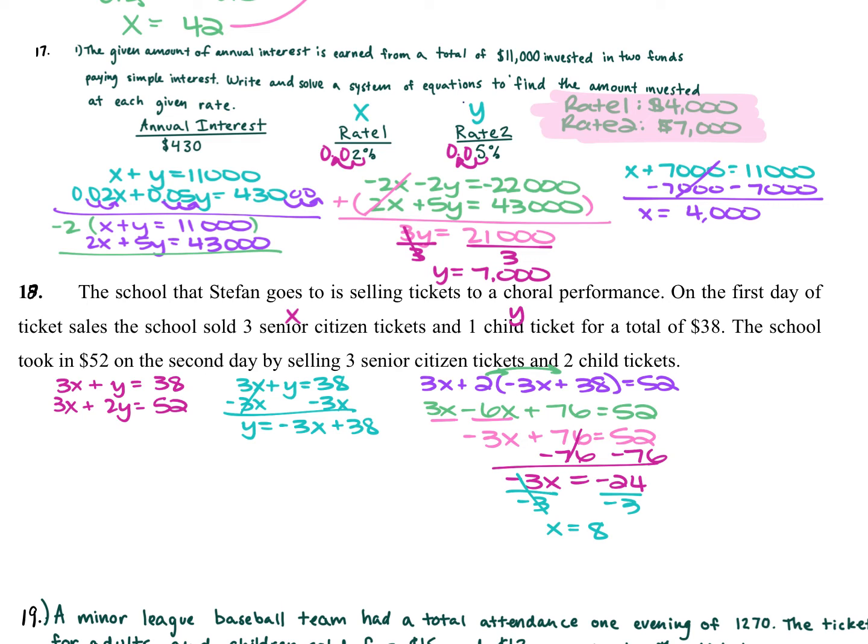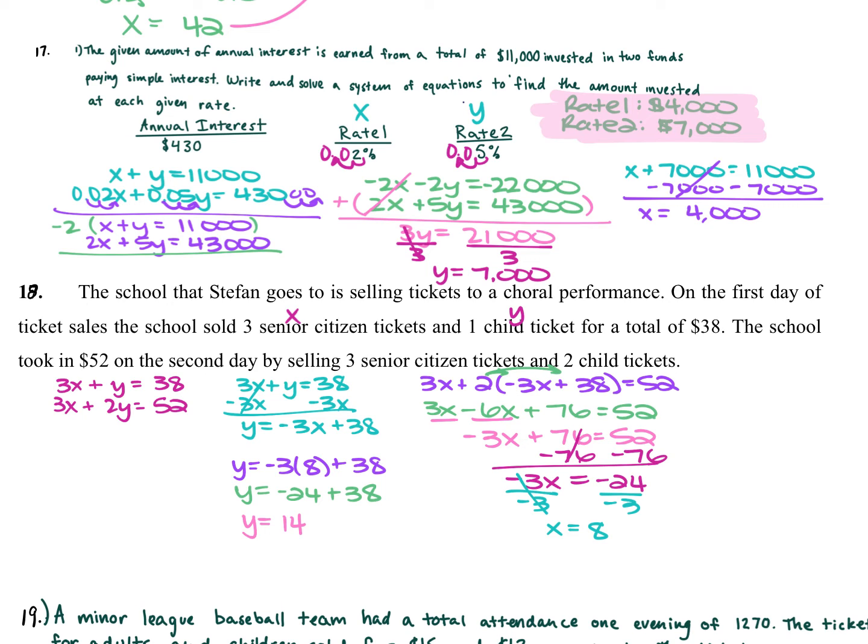To find what y is, take the 8 and plug it in to y is equal to -3x plus 38. That's going to give you y is equal to negative 3 times 8 plus 38, which is negative 24 plus 38. The negative 24 plus 38 gives us 14. So y is 14.